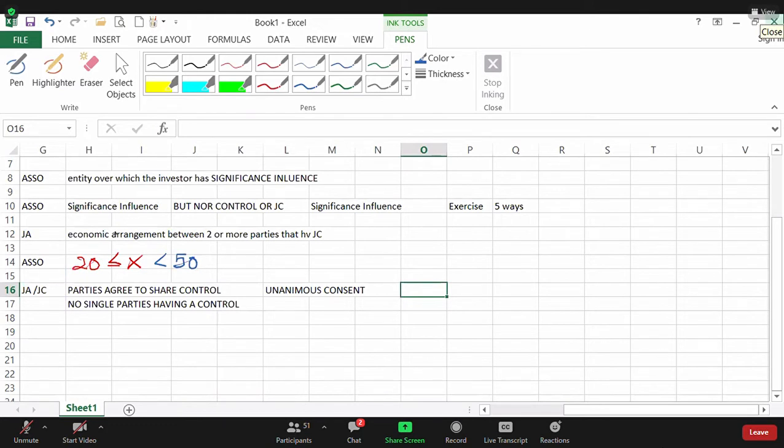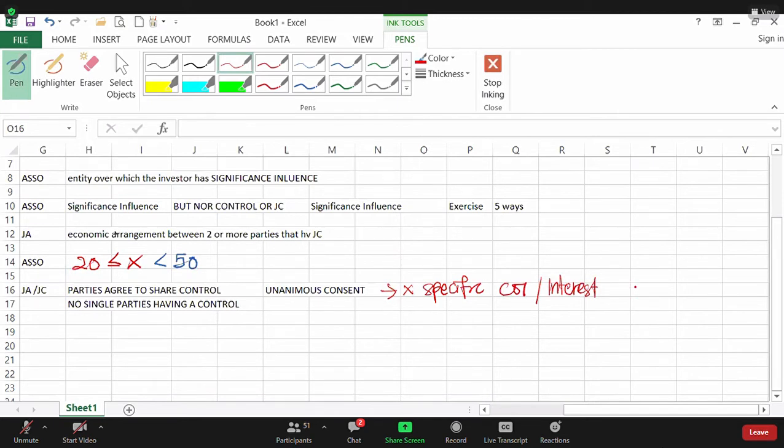So when the keyword says unanimous consent, it means that no specific COI or interest. Okay, it can be 50, 20, 20, 50, 20, 30.